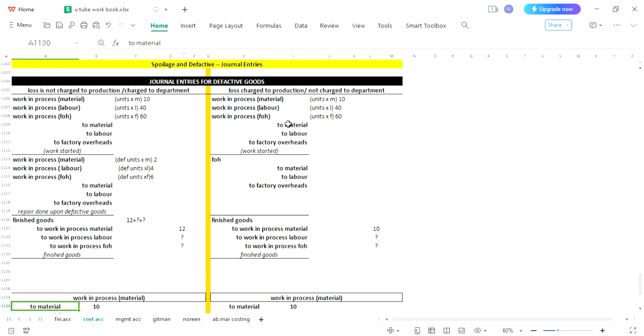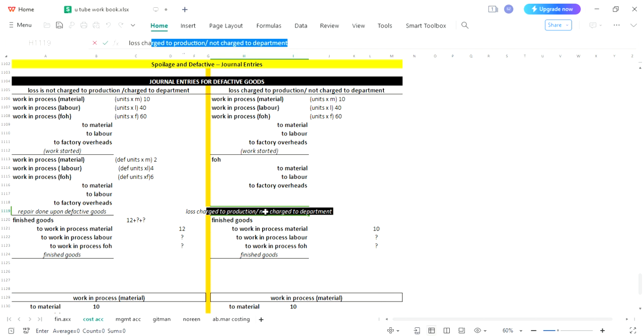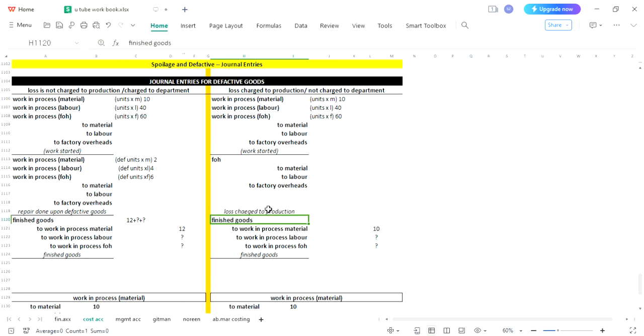First, second, and third. First entry to start the work, second entry narration is loss charged to production, and that's all. Third entry for finished goods.